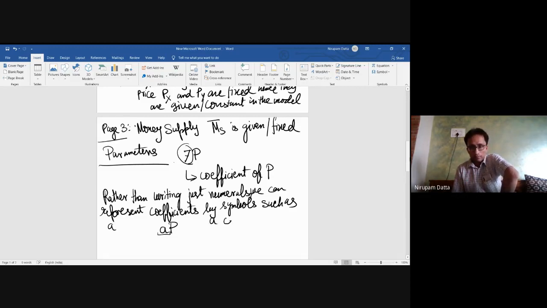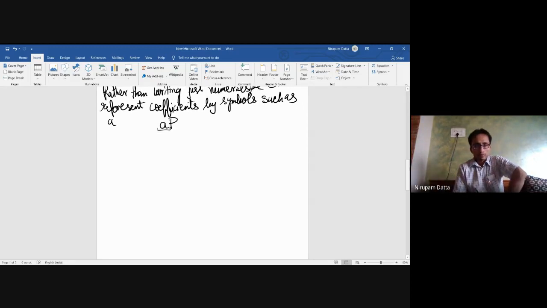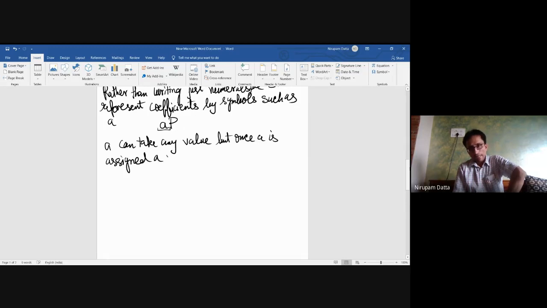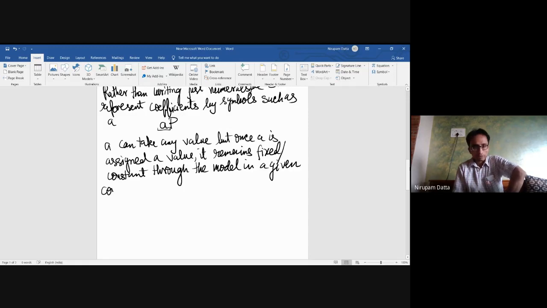A can take any value, but once a is assigned a value, it remains fixed or constant throughout the model in a given context.